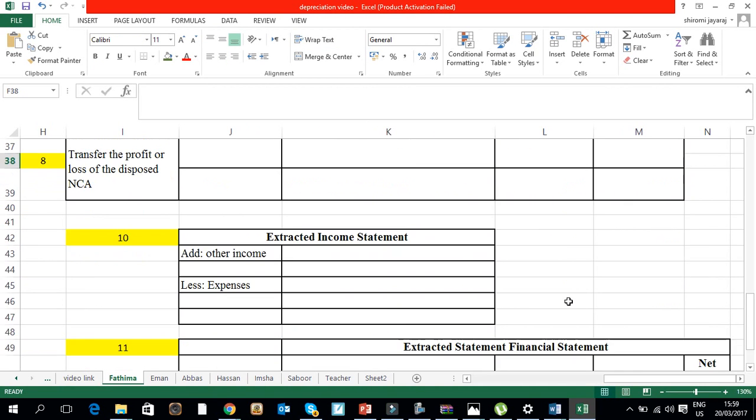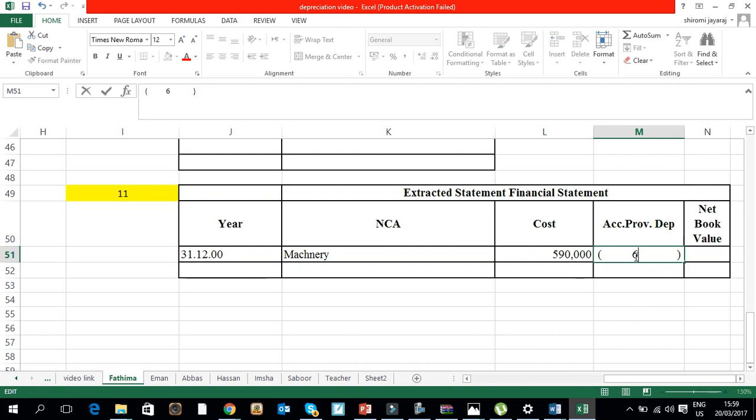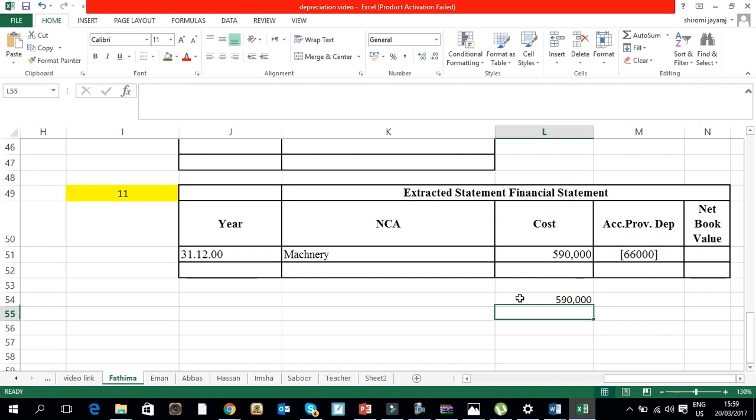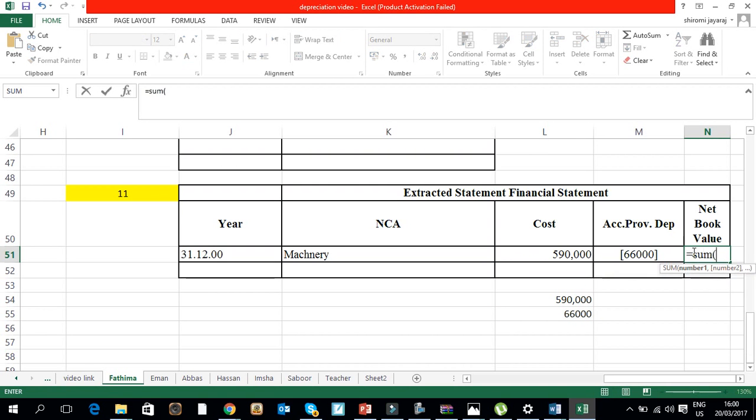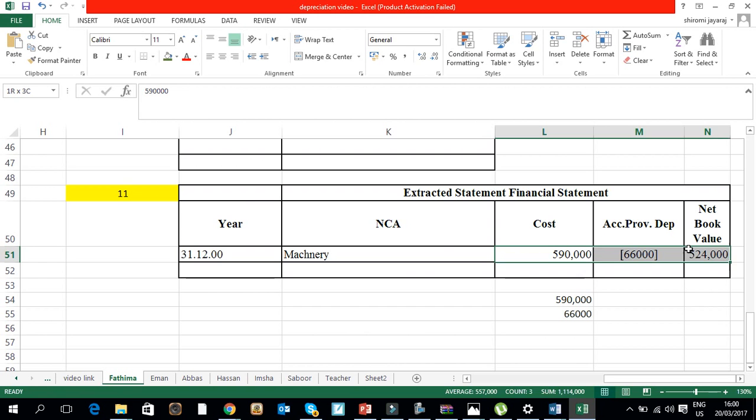So let's transfer this 66,000 over here. Now we have to find the difference between 590,000 and 66,000, which gives an answer of 524,000. That is the net book value of the machinery for that year's end.